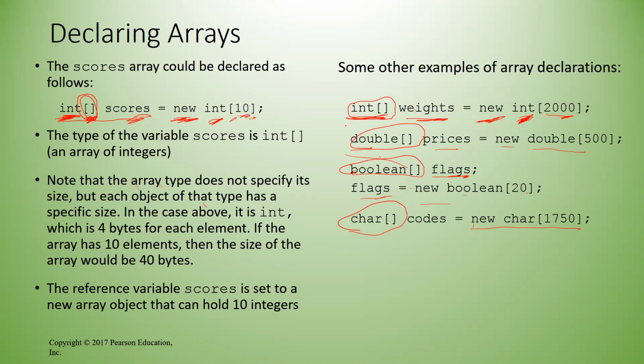Okay, that's a great question. Here is what. If it's an int array and you have 2000, you require how much memory? 2000 times 4, right? That would be 8000 bytes. For this, you will need 500 times 8. That's 4,000. And for Boolean, it's 2 bytes or 1 byte, I forgot.